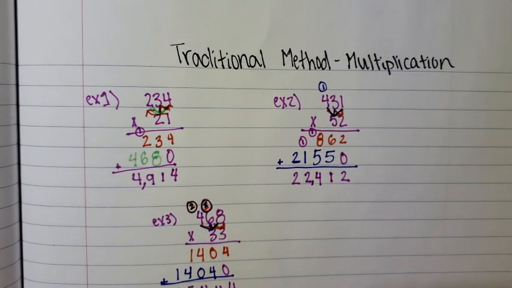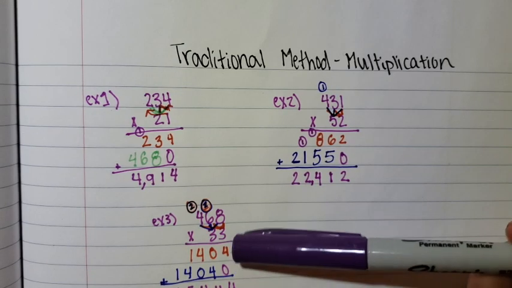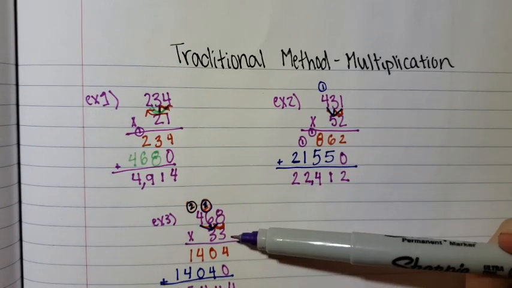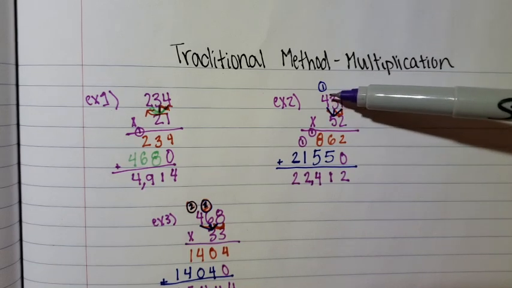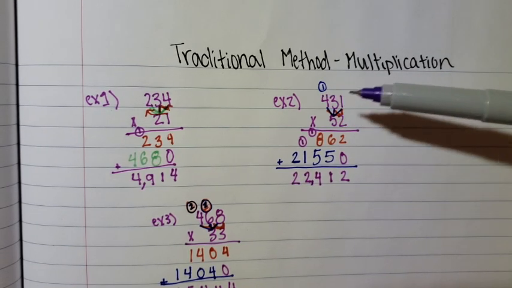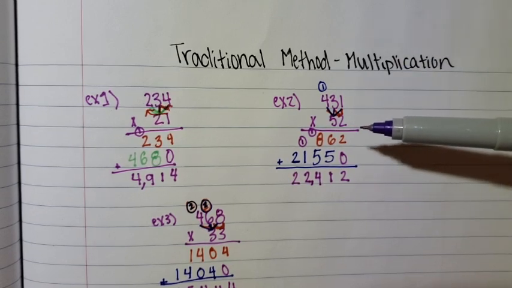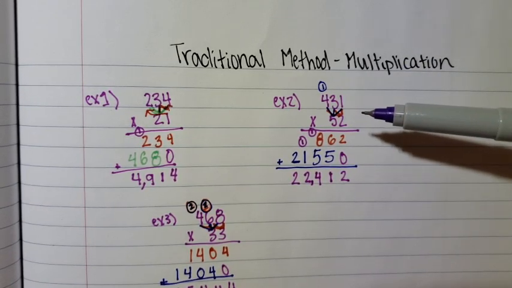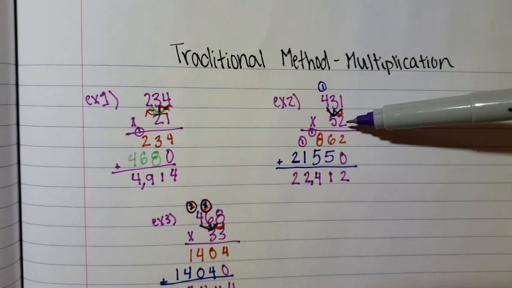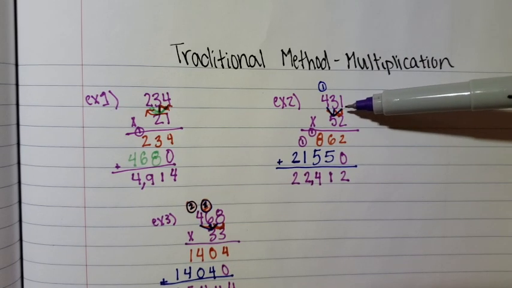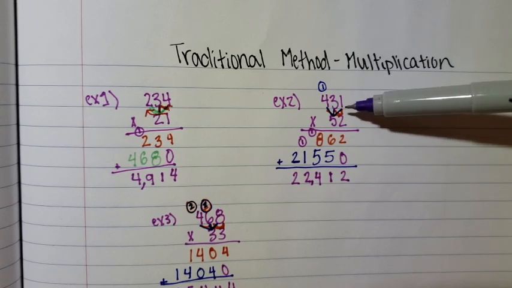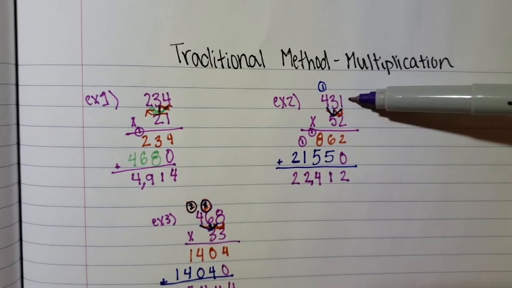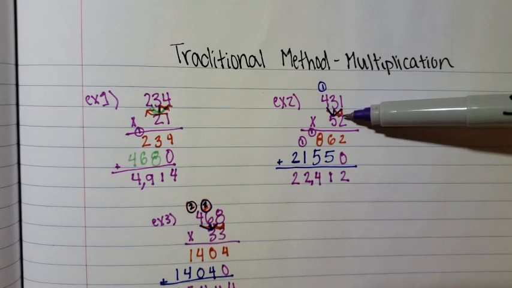All you gotta remember is stay organized and make sure you are multiplying each number by each digit of the top number. Things you gotta remember is multiply each number on the bottom by each number on top. Make sure you're keeping, if your 2 times 1 is 2, make sure you keep it in the 1 spot.